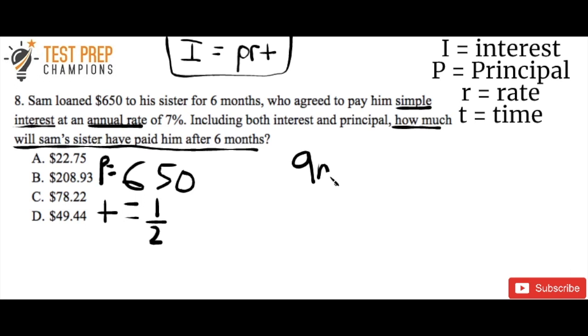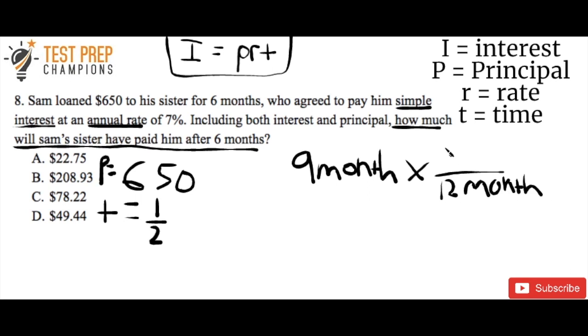Say, for example, you're given 9 months here. How would you put this in terms of years? Well, you'd start by just writing down 9 months. And how many months are in a year? We know that there are 12 months in 1 year. So now we would just do a division problem here.